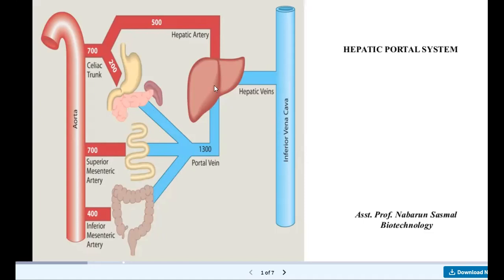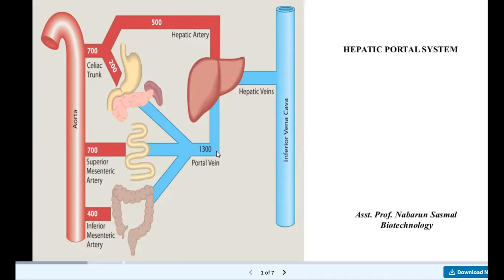So from what we see here, more blood is coming from the portal vein to the liver than the hepatic artery. So the hepatic artery carries a lesser volume of blood to the liver when compared to the portal vein.